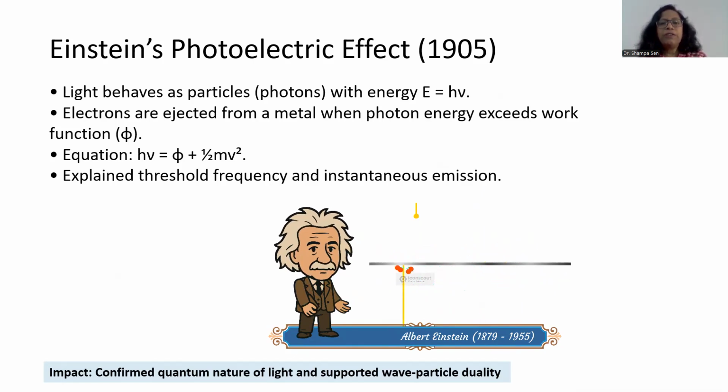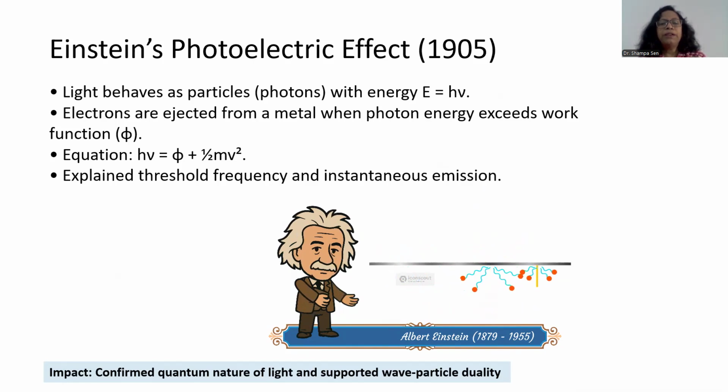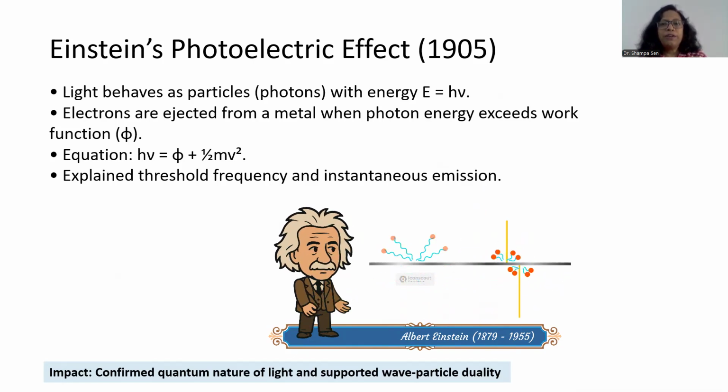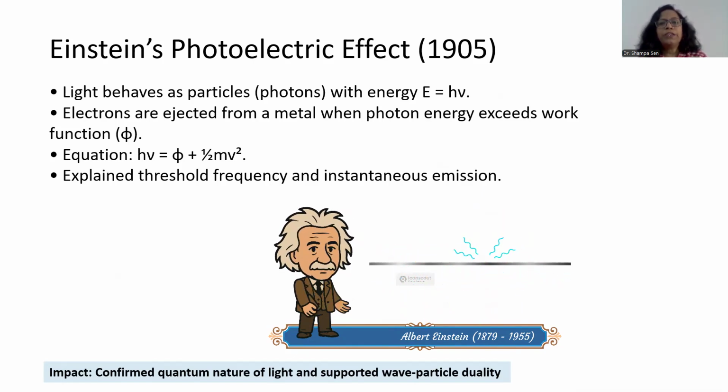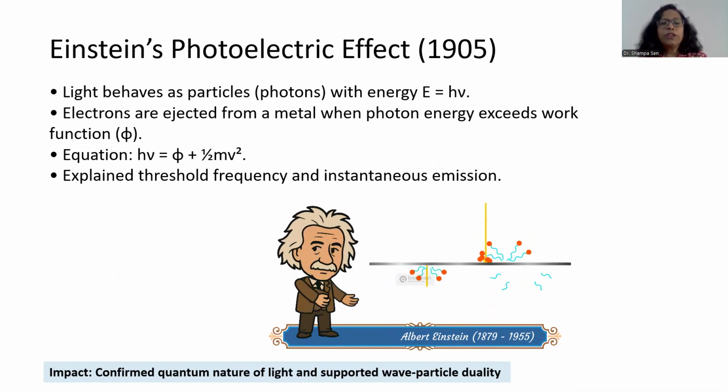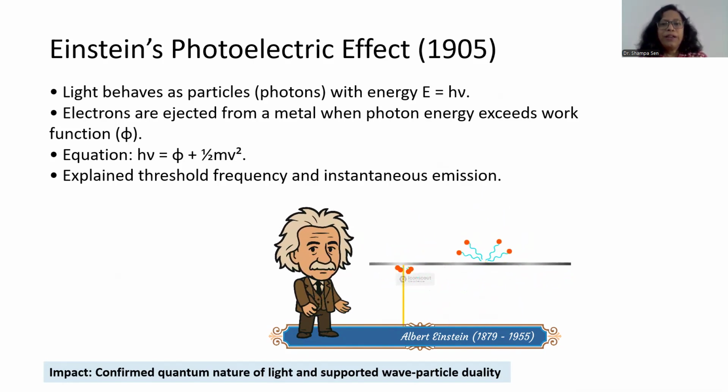This constant was given by the scientist Planck, and nu is the frequency of the radiation. Electrons are ejected from a metal when photon energy exceeds the work function phi.